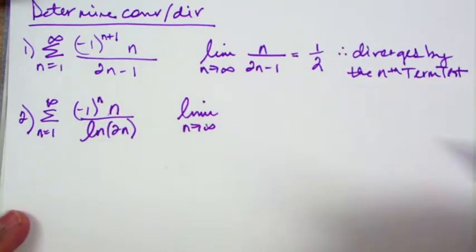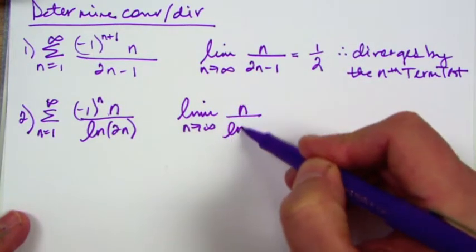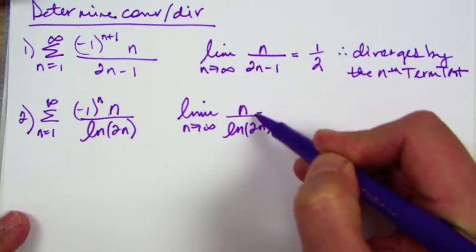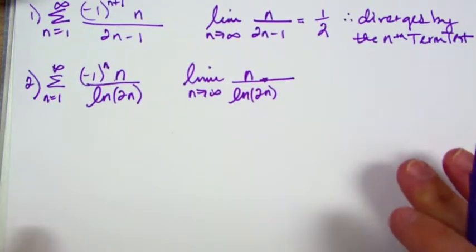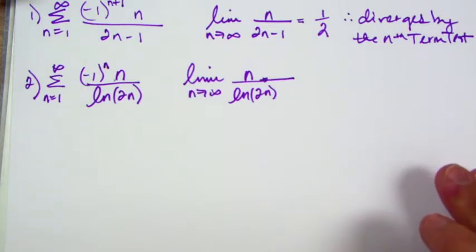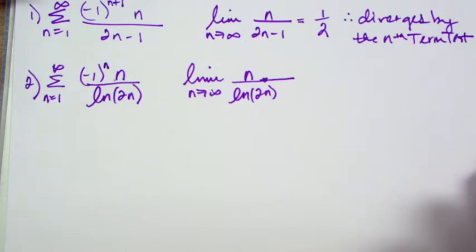Okay, so the next series is the sum from n equals 1 to infinity of -1 to the n times n over ln 2n. Limit as n goes to infinity of n over ln 2n. What does that approach? Infinity over infinity.